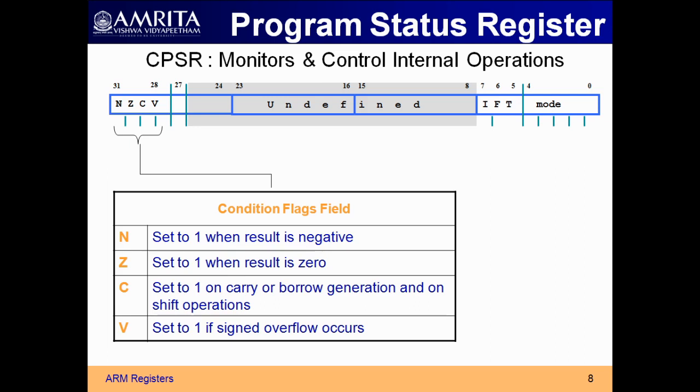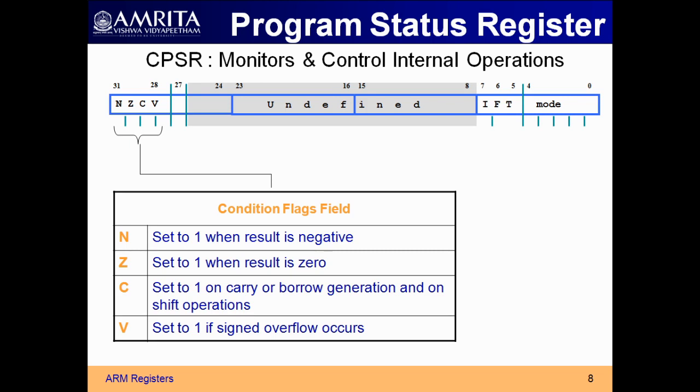When you are multiplying a number with 0, the result will be 0. And when you are adding 0 plus 0, again it will be 0. So these are the 3 conditions where an arithmetic operation is generating 0.